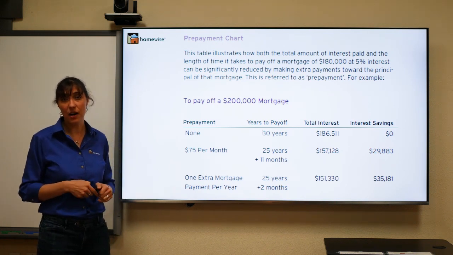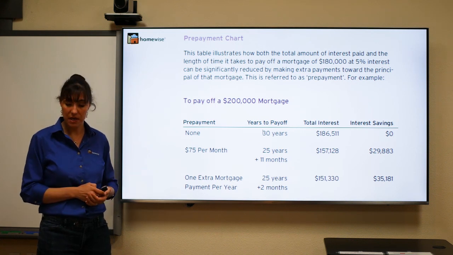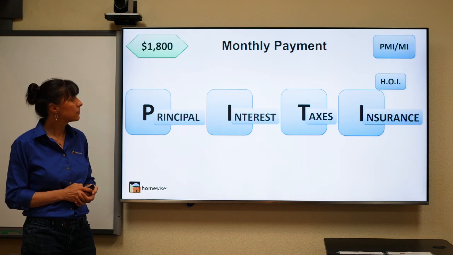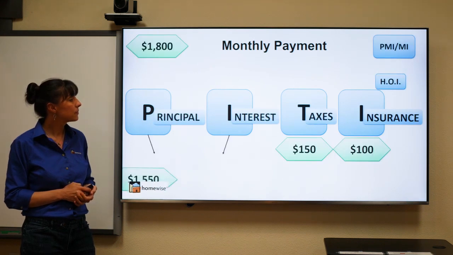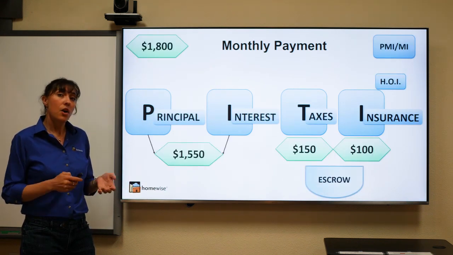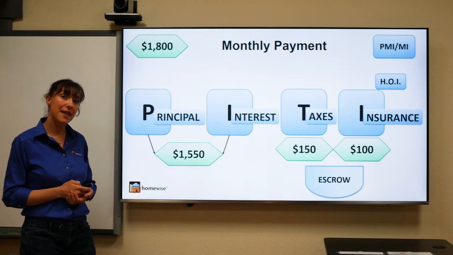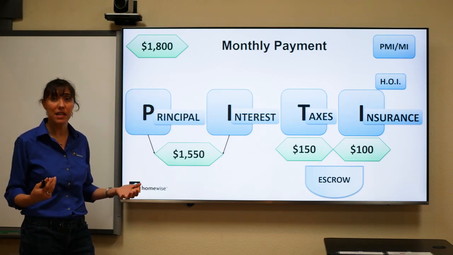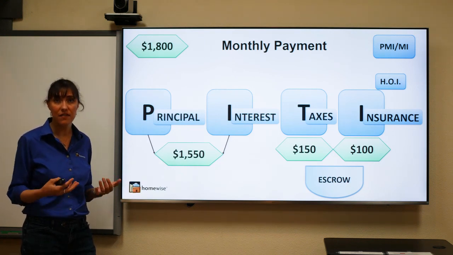Let's go back to our escrow account and to the rest of our monthly mortgage payment. When it comes to taxes and insurance, that money each month is going to go into something called an escrow account. You can think of this like a forced savings account in a way, or a custodial savings account.